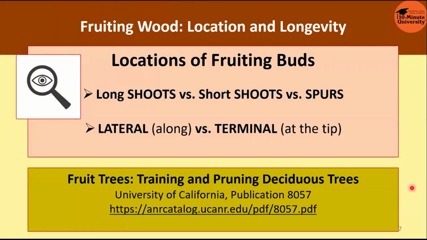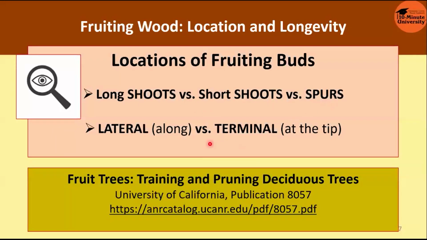In order to be successful with pruning fruit trees, we have to know what fruiting would look like. So let's begin with the location of fruiting buds. They can be on shoots and spurs. There are long shoots and then there are spurs.